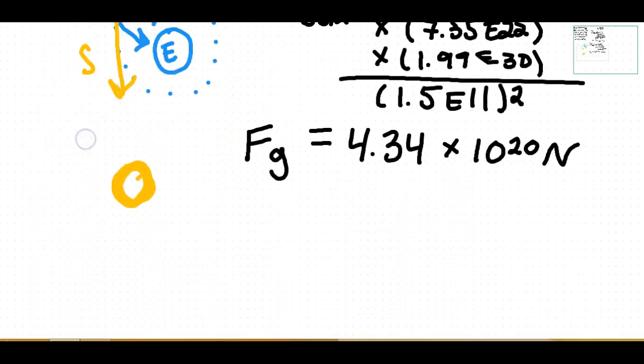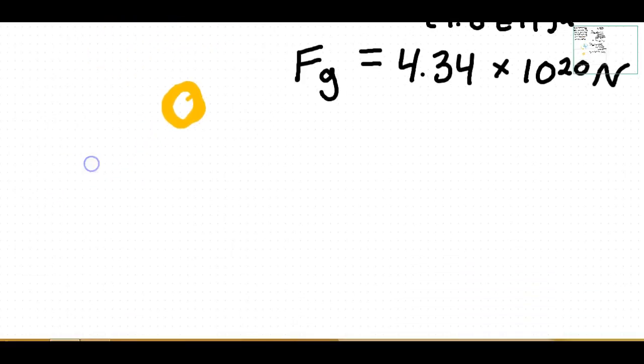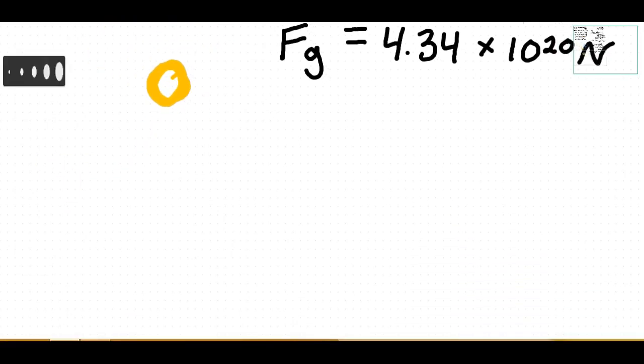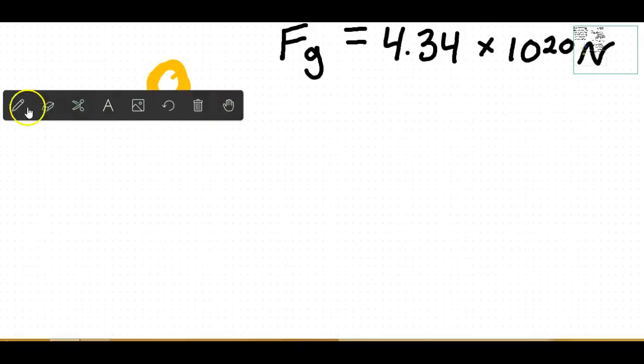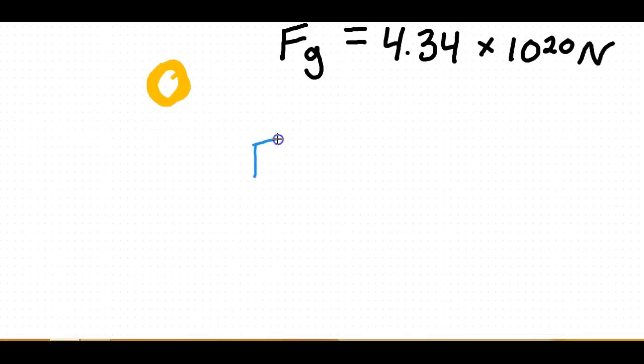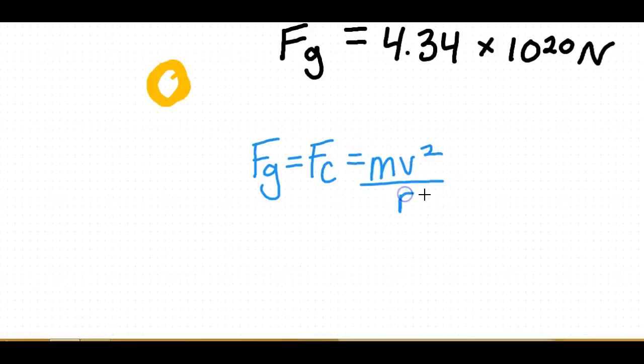Now from here, what we could do is find the linear speed of the moon, which we're going to do very quickly. So the formula that we would use, because the moon is attracted to the Earth, is Fg equals force centripetal, which is mv squared over radius.